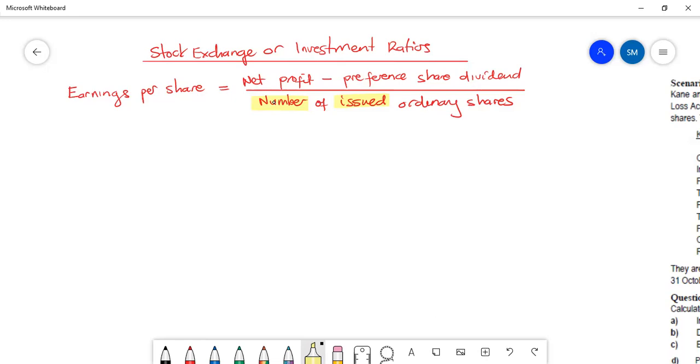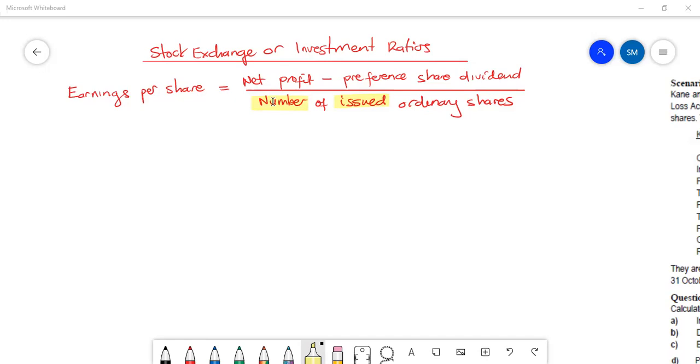So you definitely need to compute that by dividing the value by the price per individual share for you to get the number of issued ordinary shares. So that's usually the trick that's there, and that's where most students make mistakes. I'll explain it later.